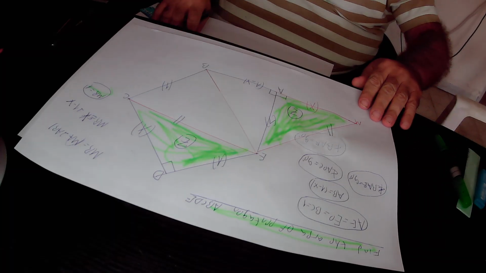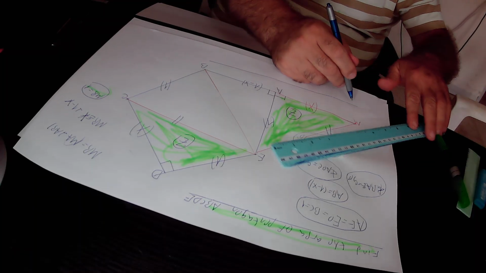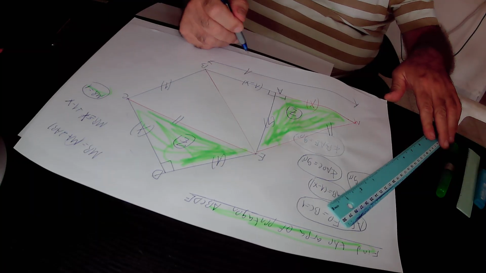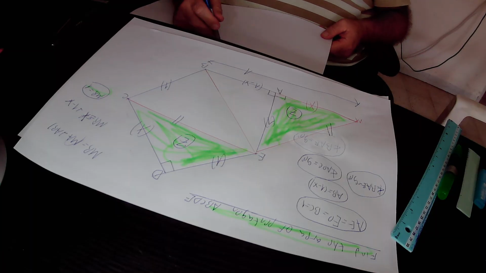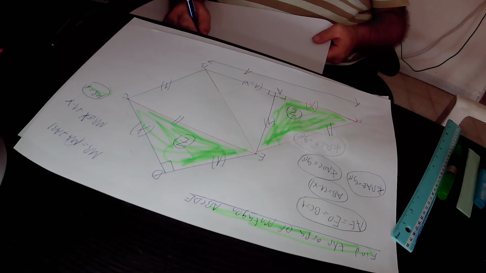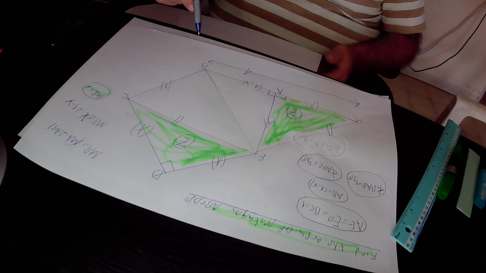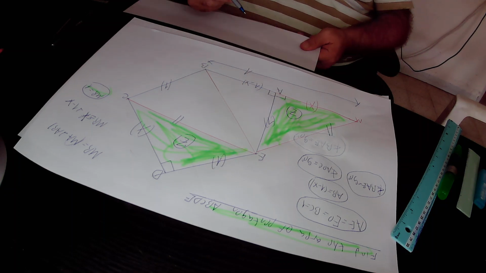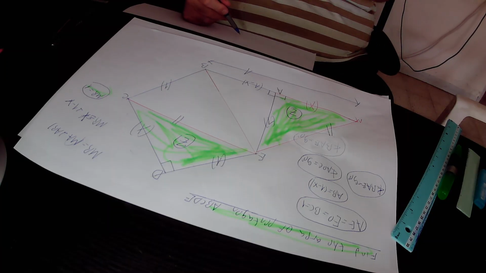This is side MB. It equals 1 unit in its length. In the next step, we'll prove that triangle MEB converts to triangle BEC according to the side rule.